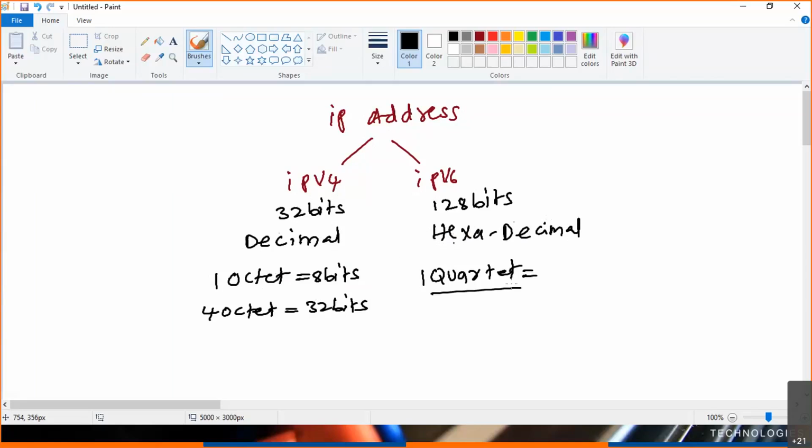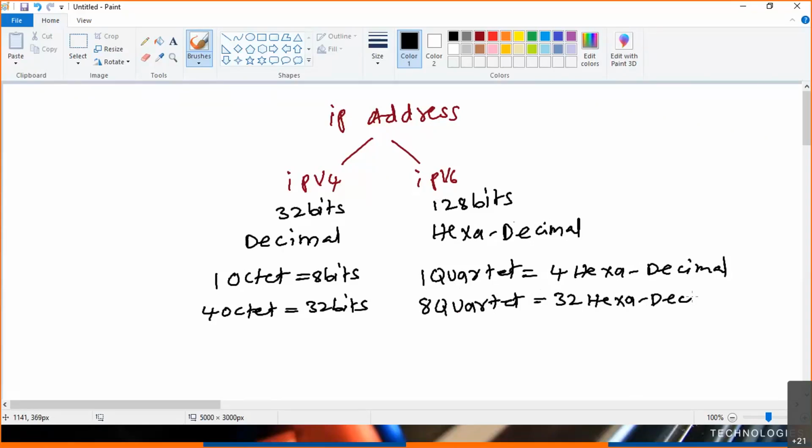In IPv6, one quartet is equal to 4 hexadecimal digits. The entire 128-bit IPv6 address is divided into 8 quartets. One quartet is 4 hexadecimal digits, so 8 quartets is 8 times 4, which is 32 hexadecimal digits.